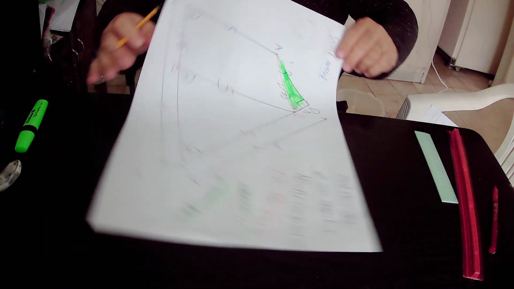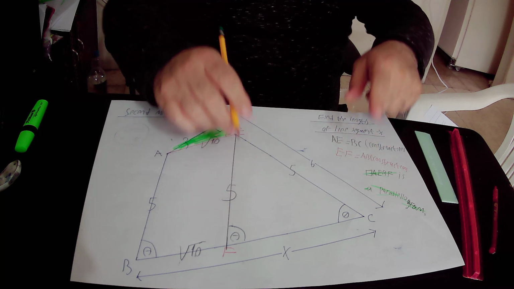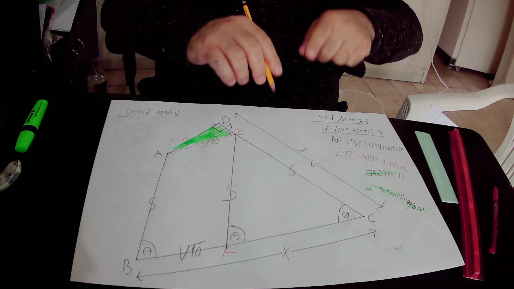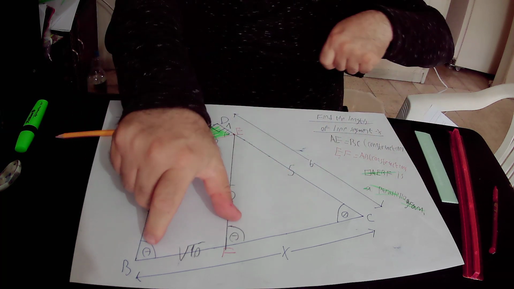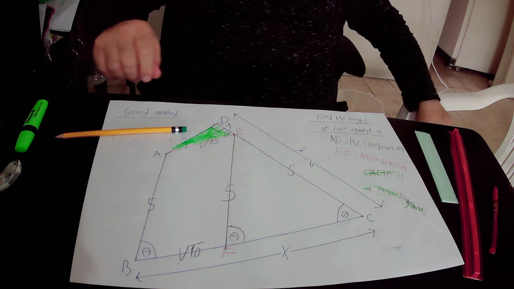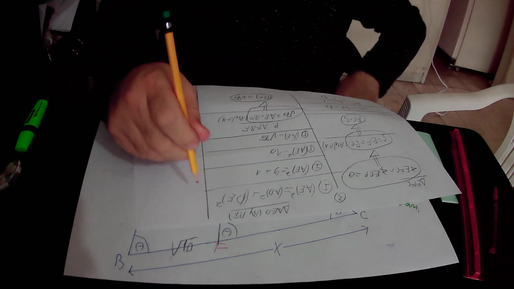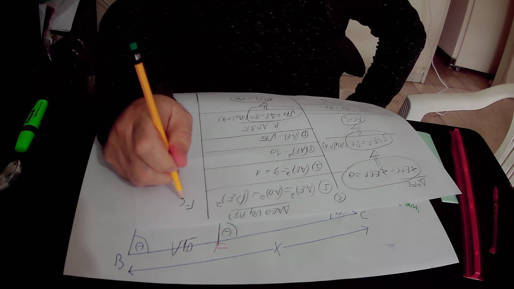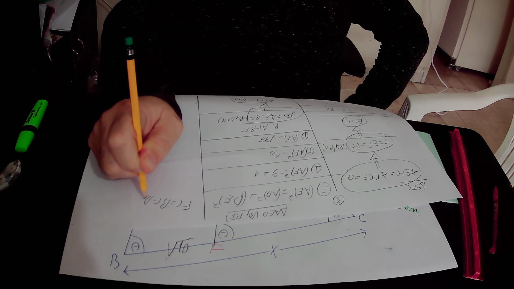Now, what is the length of side FC? It is very easy to see from the drawing that FC equals BC minus BF.